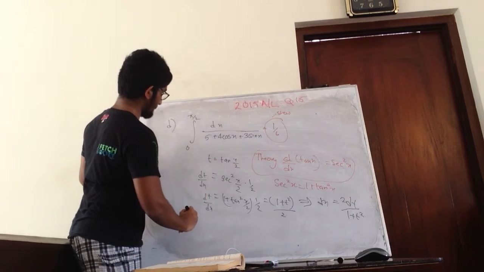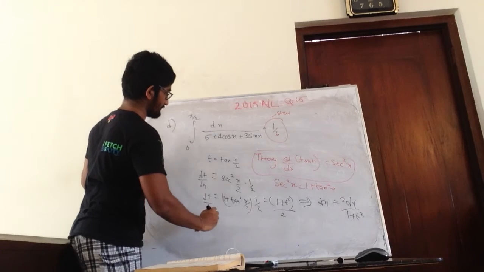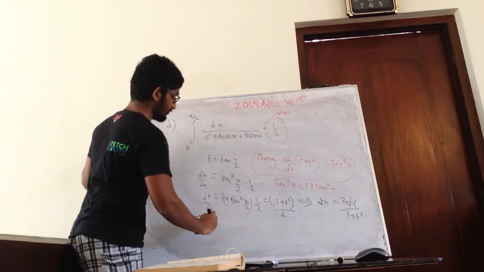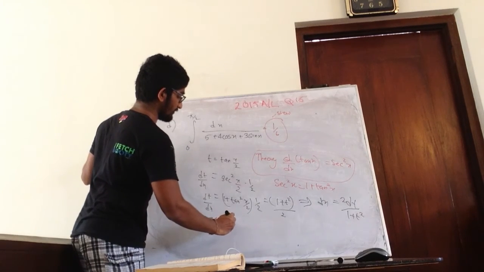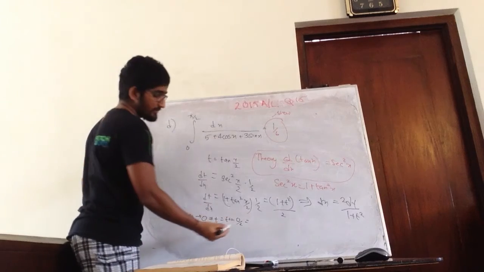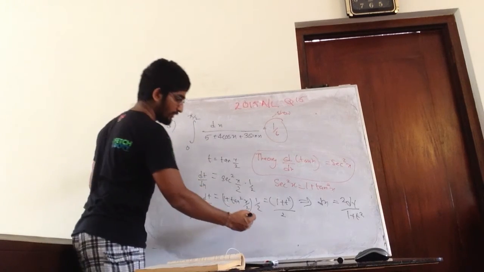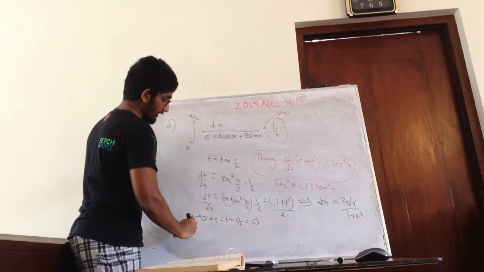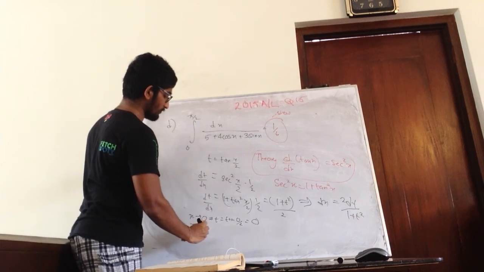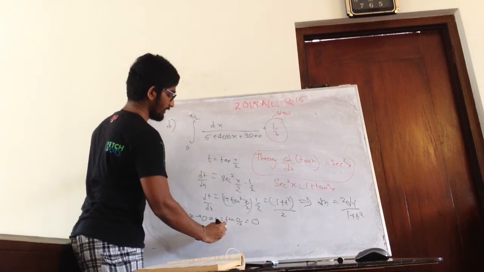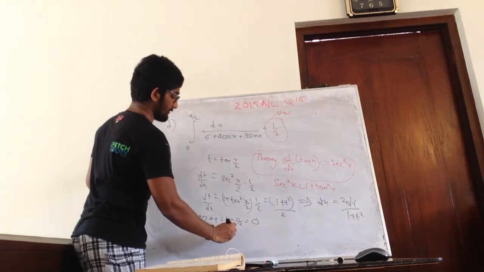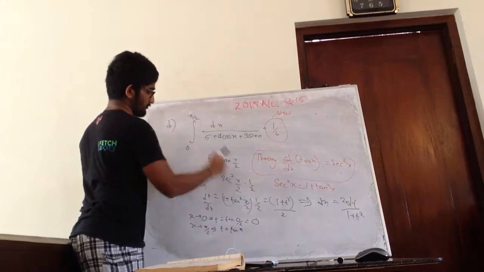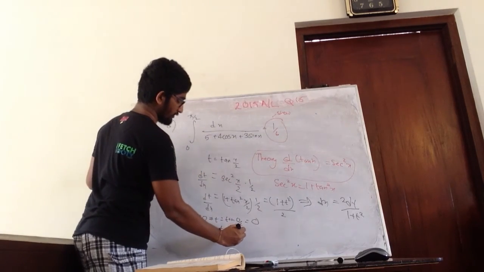So now let's see about the limits. When x goes to 0, t is going to be tan of 0 over 2. That means tan 0. Tan 0 is what? 0. Then when x goes to 5 over 2, t becomes tan of 5 over 2 over 2, which is 5 over 4.